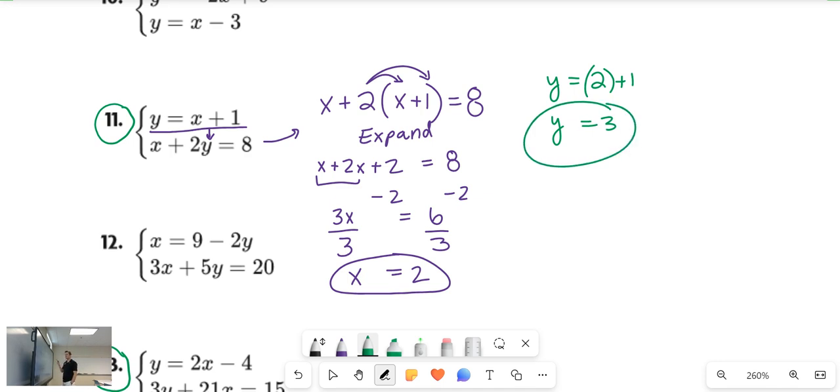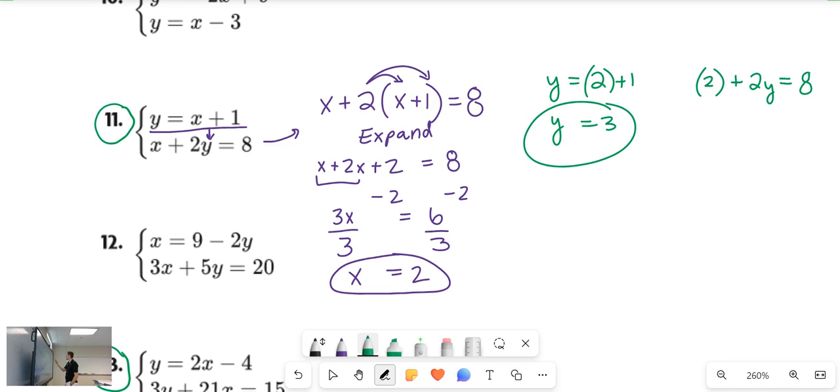And on the second equation, oh, sorry, we don't have x, right, because we were saying x equals 2. So we're going to have 2 plus 2y equals 8. All right, 2 plus 2y equals 8.